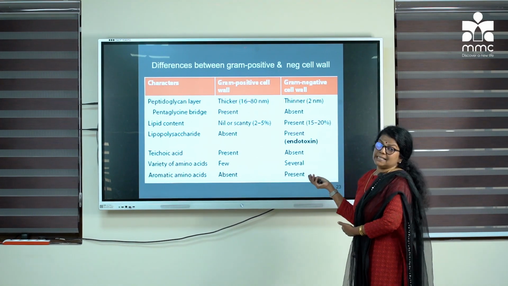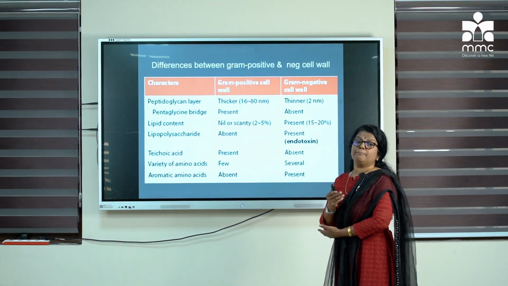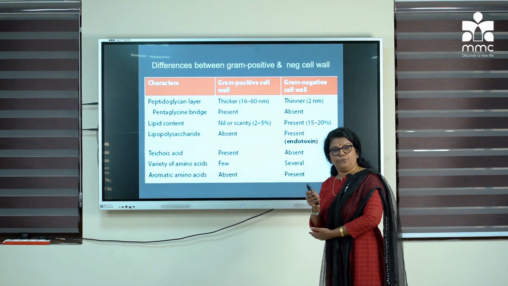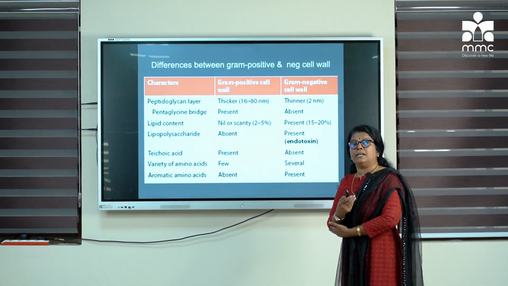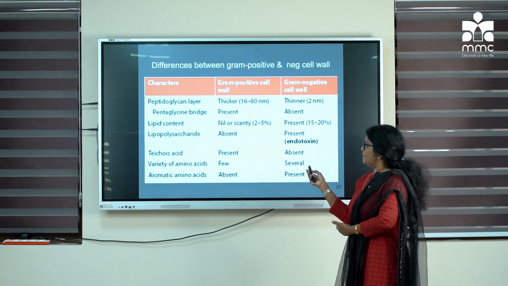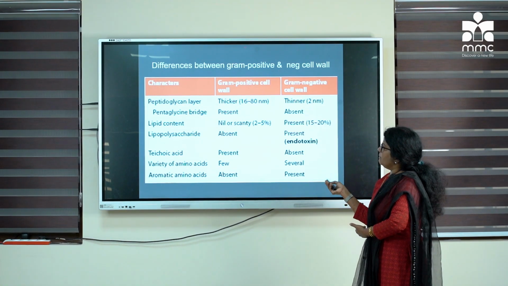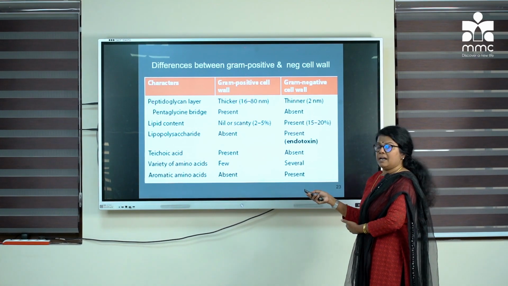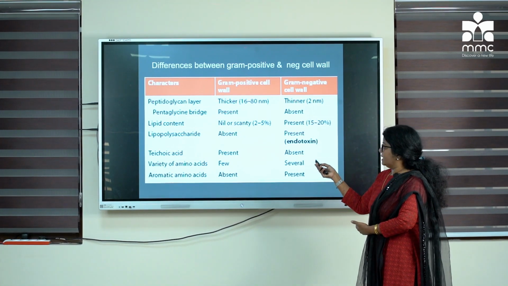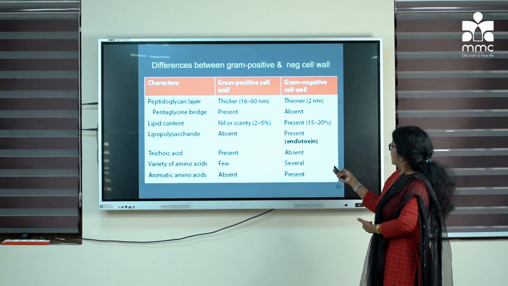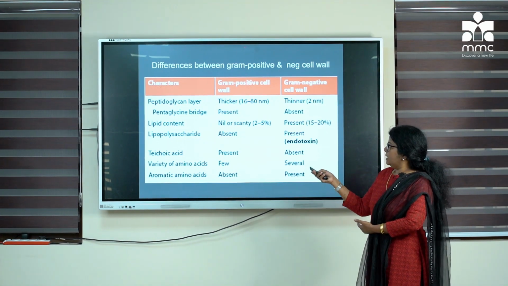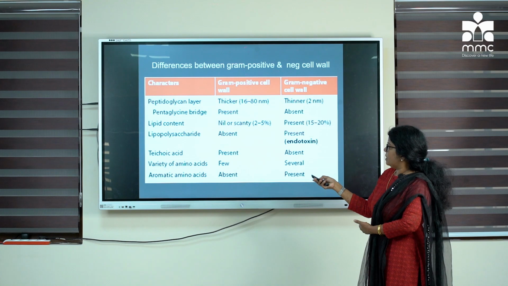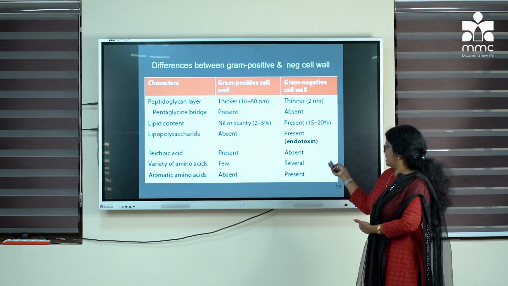What are the differences between the cell walls of gram-positive and gram-negative bacteria? This is also very important, an important exam question. So let's see the differences. The peptidoglycan layer is thick in gram-positive bacteria, whereas in gram-negative bacteria it is thinner. Pentaglycine bridges are there in the gram-positive cell wall, whereas they are absent in gram-negative.